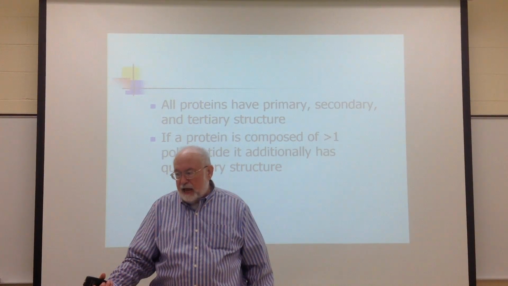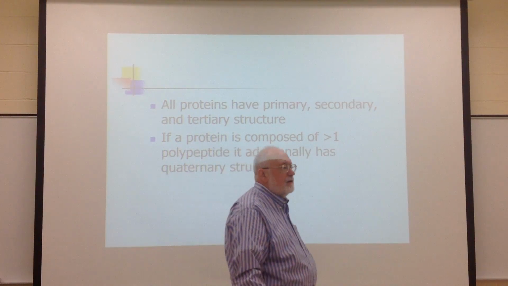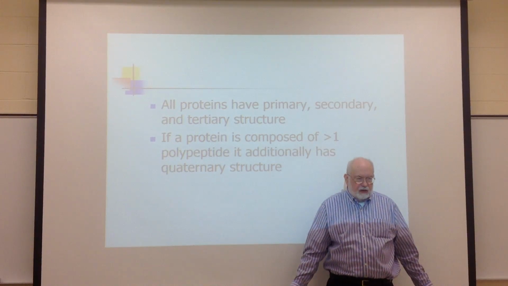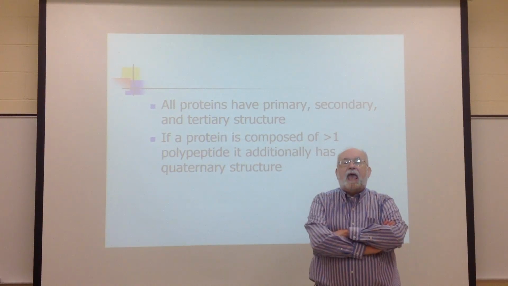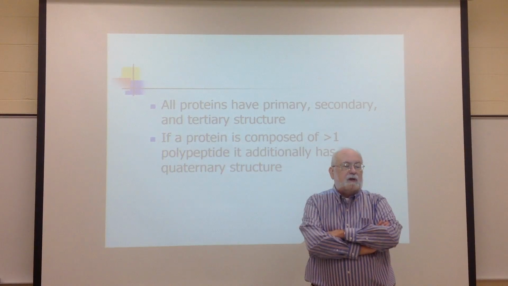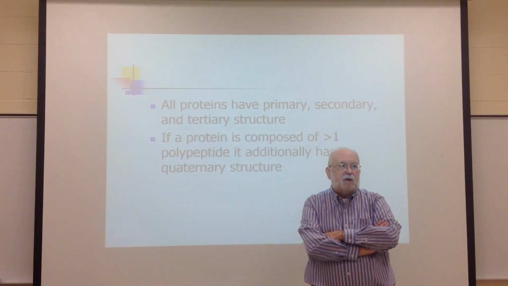Here's an example. Most of the hemoglobin in your red blood cells is what we would call hemoglobin A, the adult form of hemoglobin. Some people may have another variant, and there are lots of variants of hemoglobin. There's one called hemoglobin S, as in Sam.